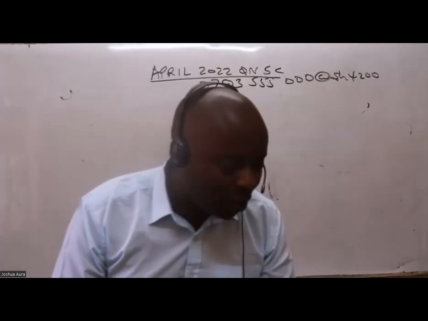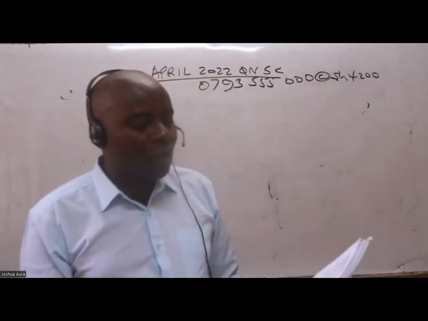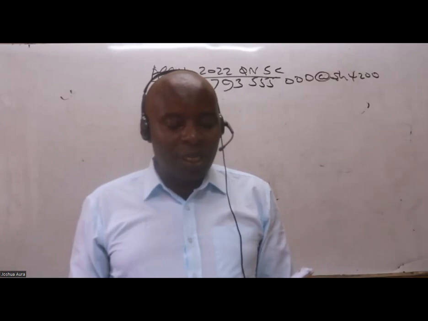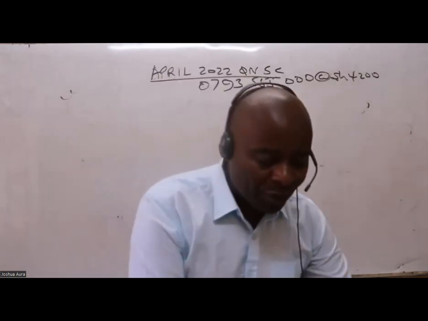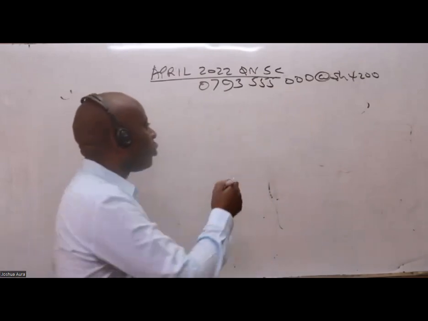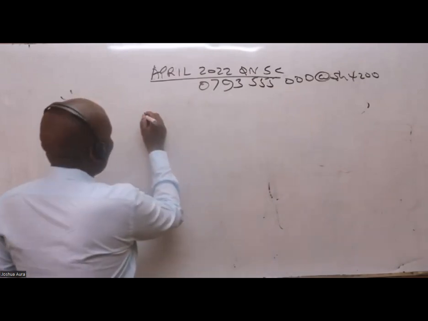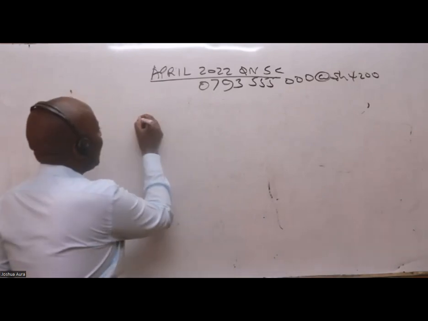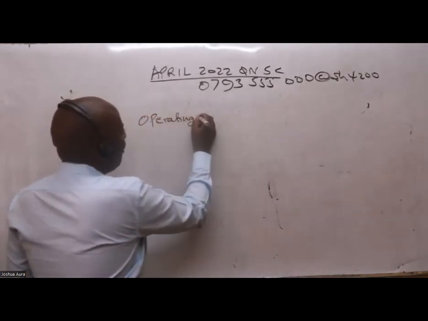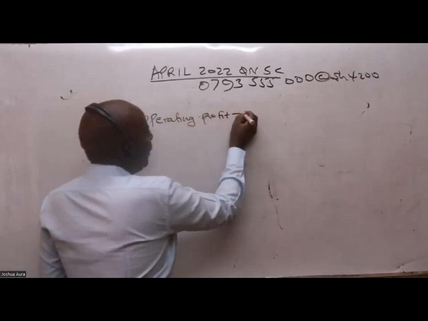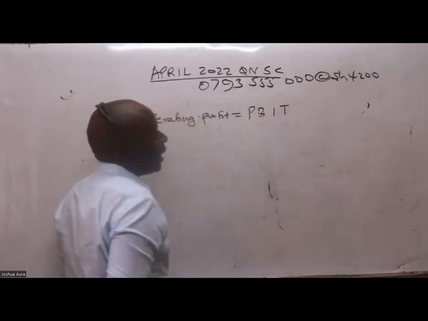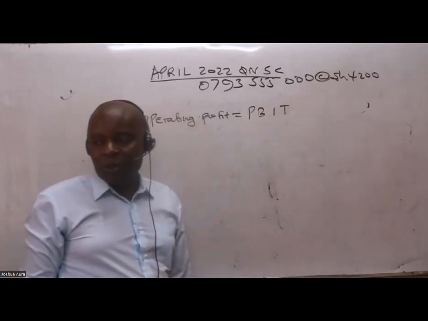If I look at the requirement of this question, they wanted us to give them the operating profit ratio. So this is ratio analysis. So how do we get operating profit ratio? Remember, operating profit is the same as profit before interest and tax.